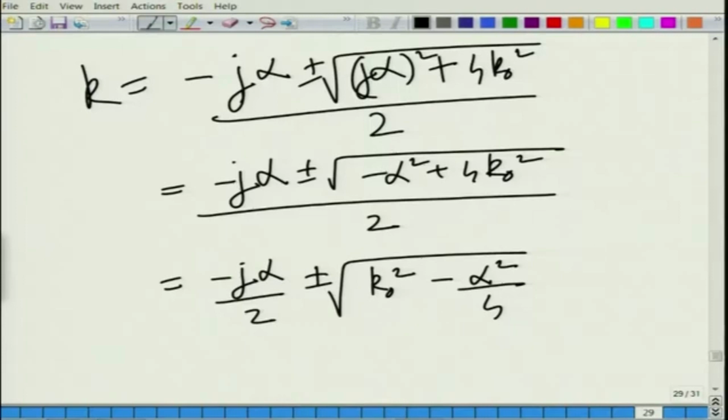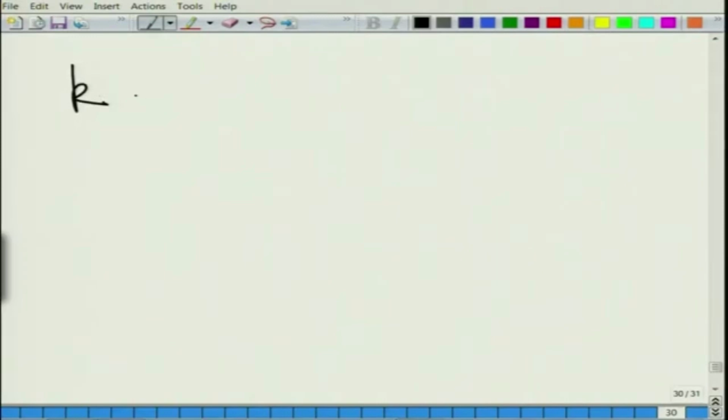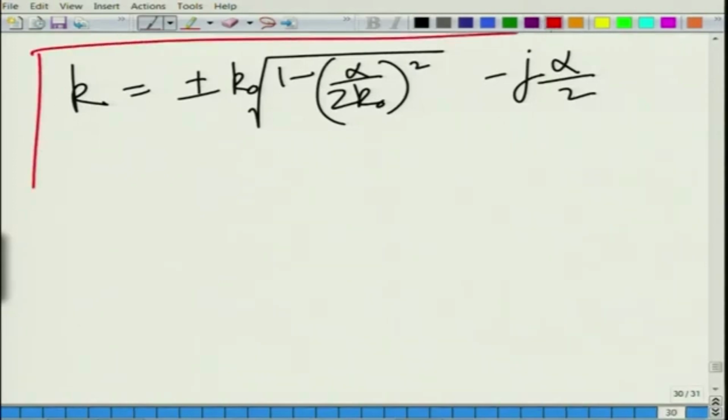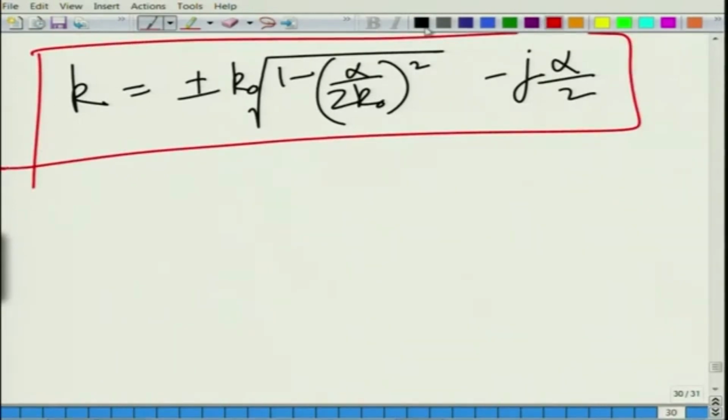In fact, k is equal to plus minus k naught times square root of 1 minus alpha by 2 k naught square, minus j alpha by 2, isn't it?